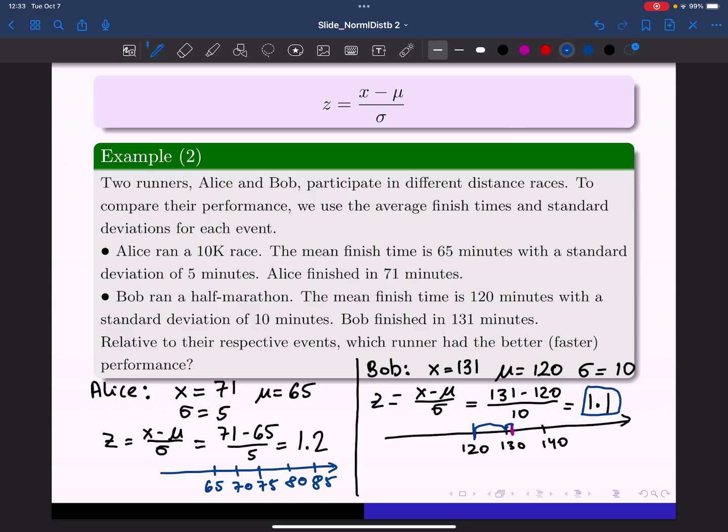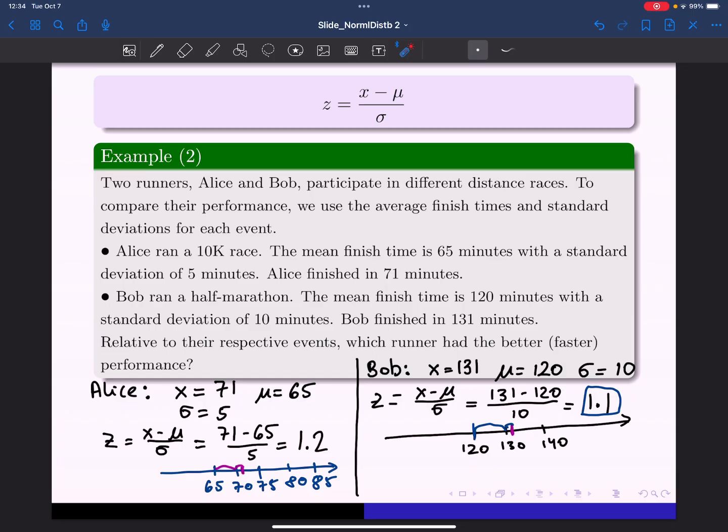So we would mark it. 71 is right here. So how far? 5 is the standard deviation, and then a little bit more, some part of the 5. This time it is 1 above this one tick, the same as here, but the standard deviation is 10 there and here it is 5. So this 1 out of 5 is 0.2.